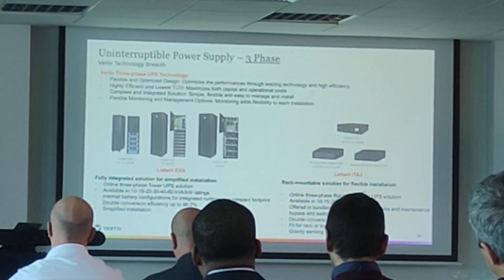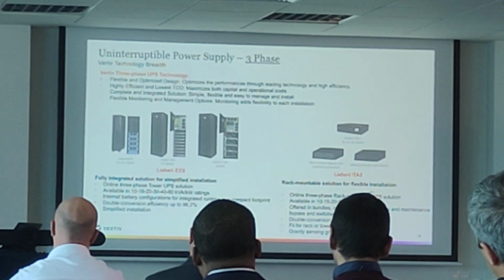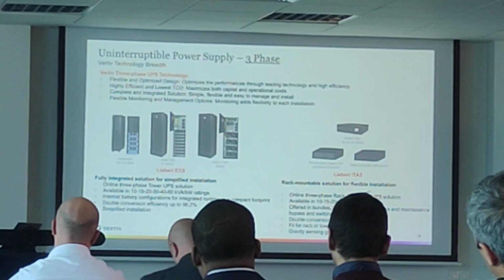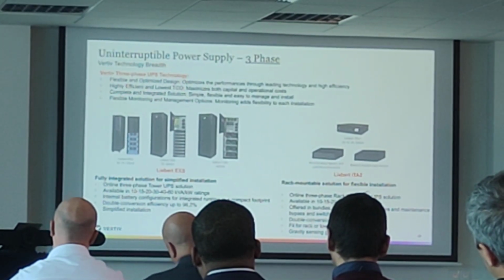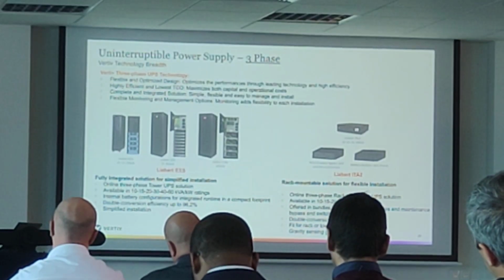Monolithic means the power modules remain the same. If you start with 80 kilowatts, that UPS will die with 80 kilowatts. The modular approach means you can add or remove power modules as your needs change.